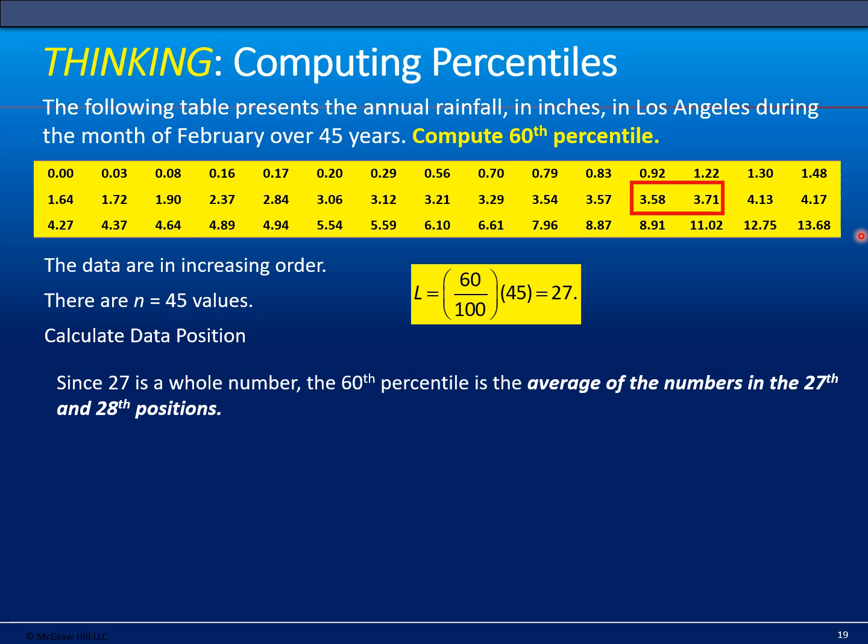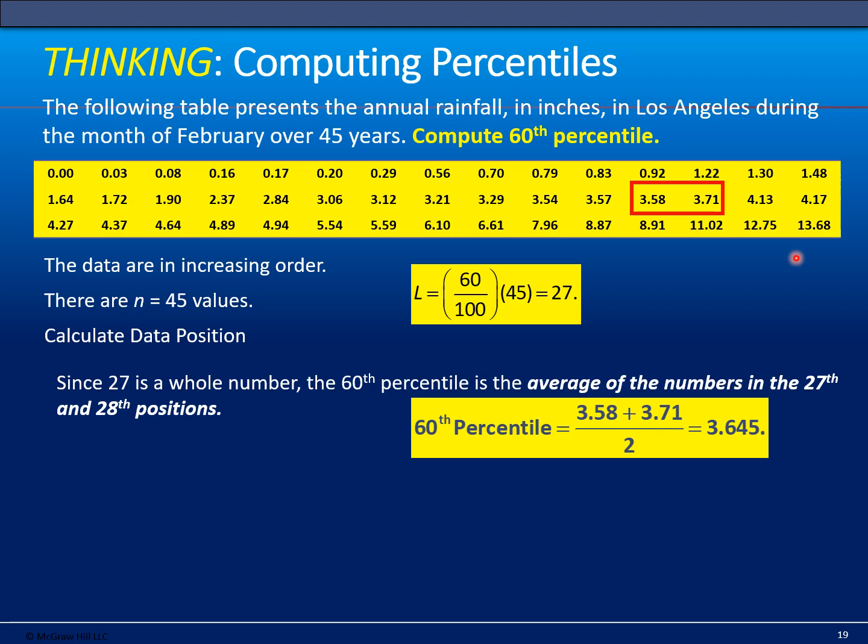Actually, since this is a whole number, I missed that completely. Since this is a whole number, 27, we're going to go to the 27th and the 28th, L plus 1, position, and we're going to take an average of these two numbers. We would do the same thing for quartiles if the position we calculated was a whole number, not a decimal.